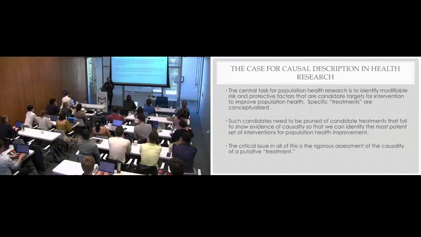Specific treatments or interventions are conceptualized. Such candidates need to be pruned of candidate treatments that fail to show evidence of causality so that we can identify the most potent set of interventions for population health improvement. The critical issue in all of this is the rigorous assessment of the causality of a putative treatment.